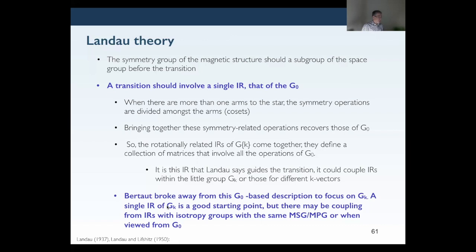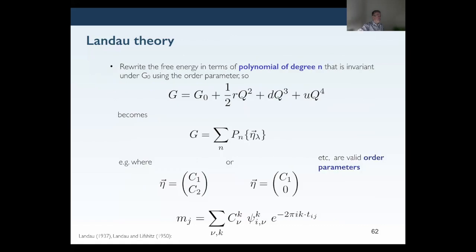And instead, we see domains within our sample that correspond to the broken symmetry that happens when we do this. And if you're using GK, there can still be coupling between the irreducible representations, and this can lead to isotropy groups within magnetic space group, magnetic point group theory, and a similar type of thing happens within GK.